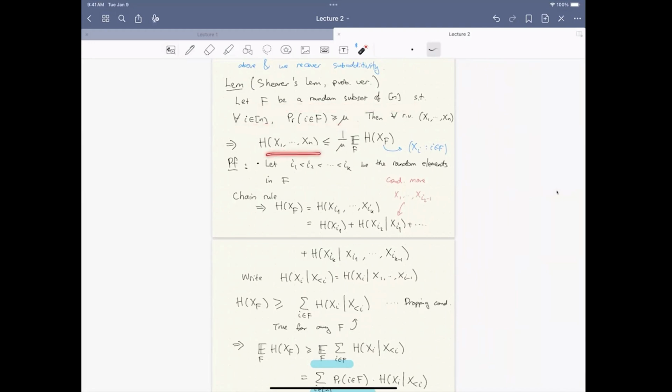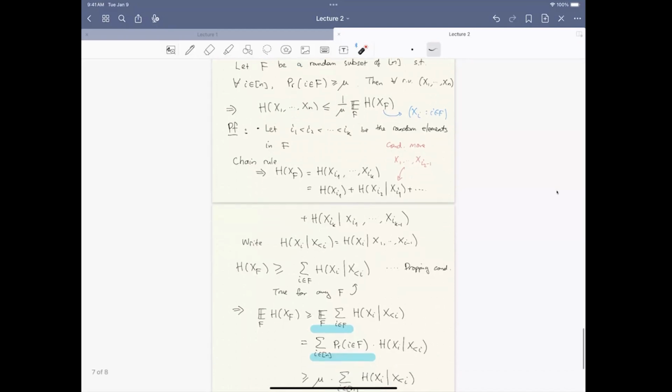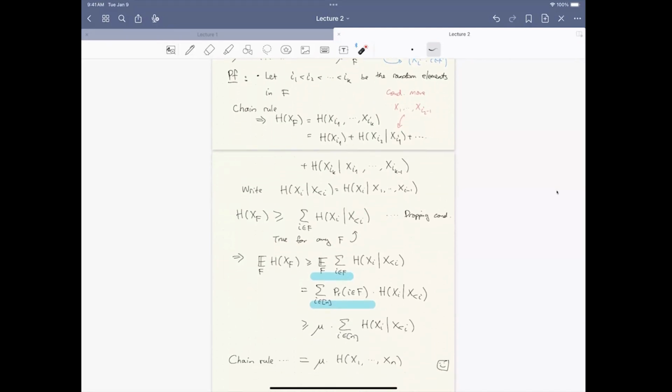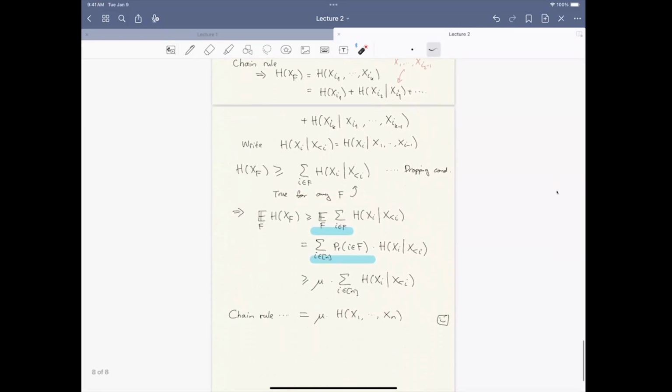Then the joint entropy is at most 1 over this lower bound mu times the expected entropy of the projection to the random set F. The proof is basically just by chain rule. By chain rule, we expand this random projection, dropping conditioning, and it just pops out.